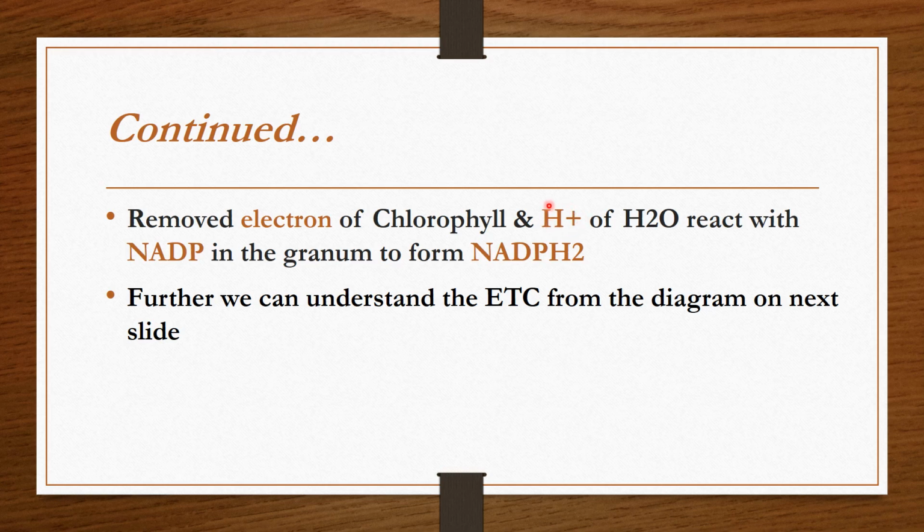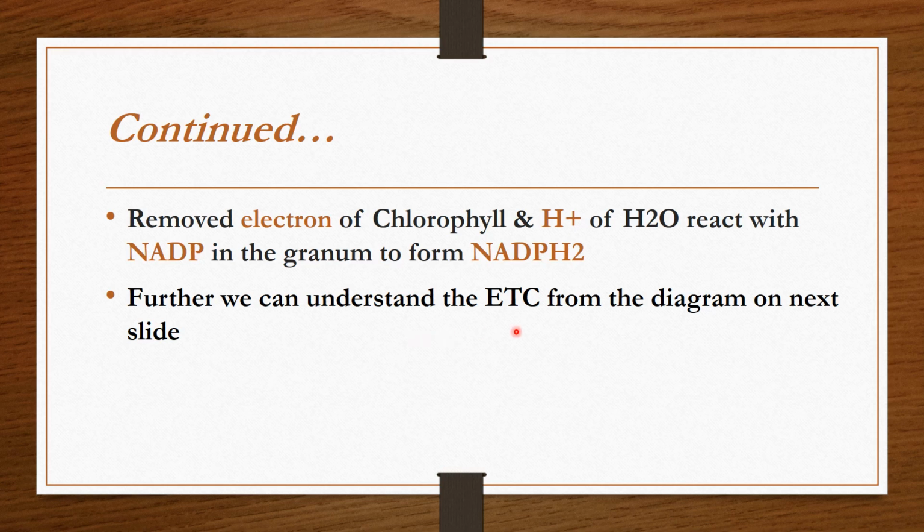Just this hydrogen was remaining. The remaining hydrogen, released by the splitting of H2O, now combines with NADP. NADP is already present in the granum, so they form NADPH2. NADPH2 will be used later, we will discuss.